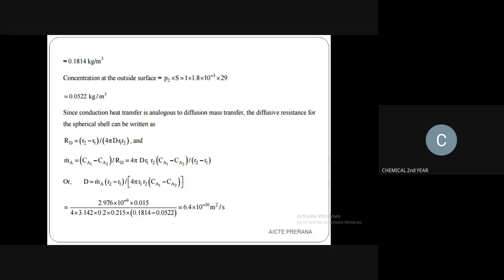Or you can directly find the value for D is equal to MA into (R2 minus R1) divided by 4 pi R1 R2 (CA1 minus CA2). Substitute all the values and you will get the answer as 6.4 into 10 to the power minus 10 meter square per second. Okay, that's all for the second problem.